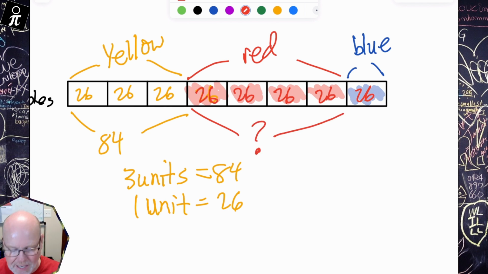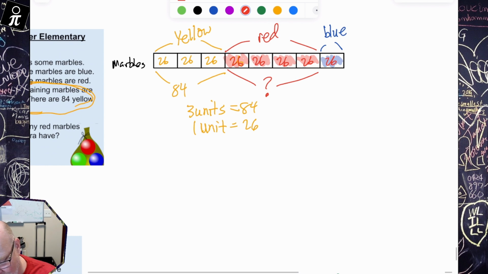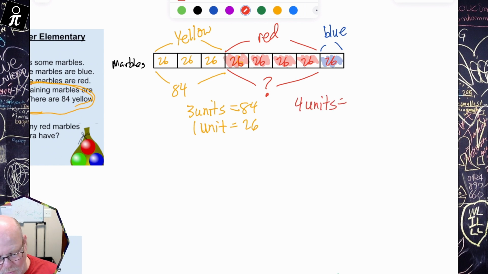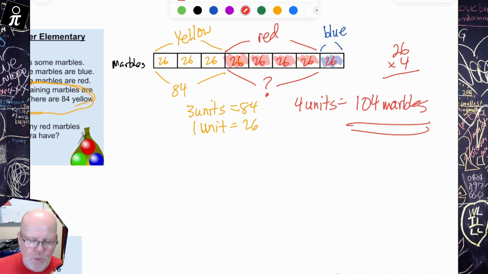I want to recognize that those 4 units must equal whatever 28 times 4 is. Oh, that's easy. That's 112. So the answer is 112 marbles. There we go. Woo!